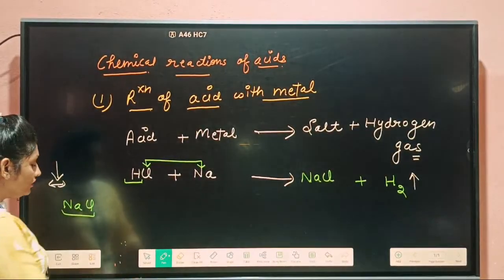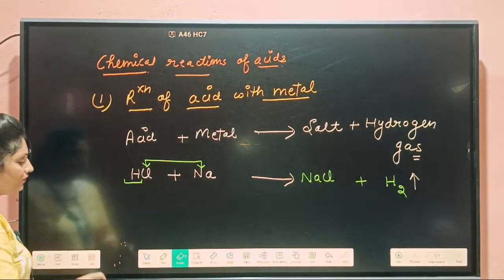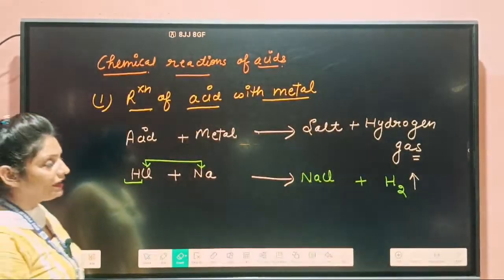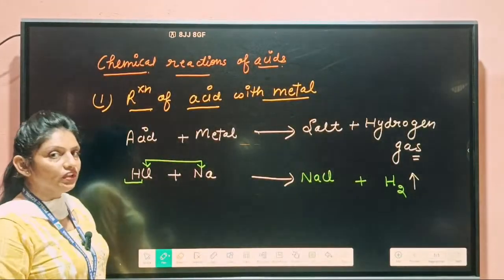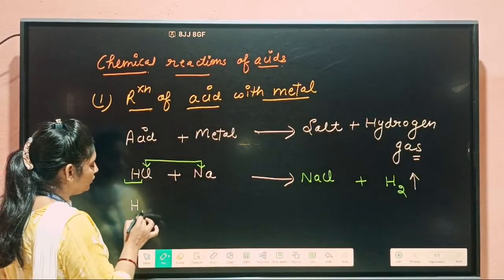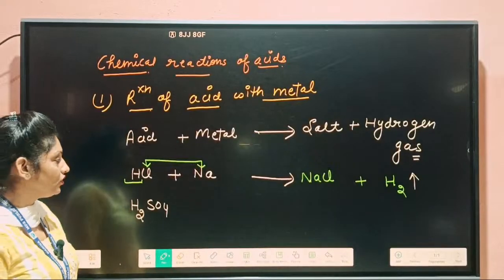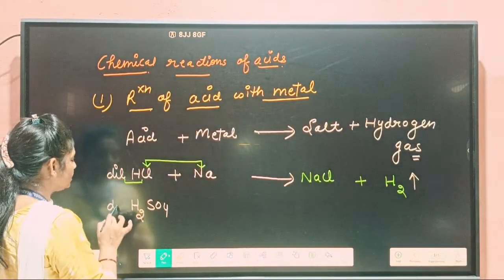Okay students. Then students, how can we say that this gas is hydrogen? For that, we will do an experiment. We can take some more examples also. Like students, if we are having sulfuric acid, H2SO4. Okay students, dilute acids we are using here.